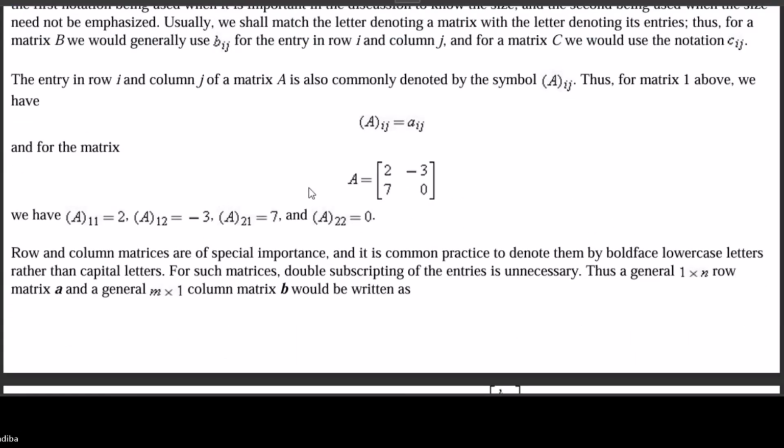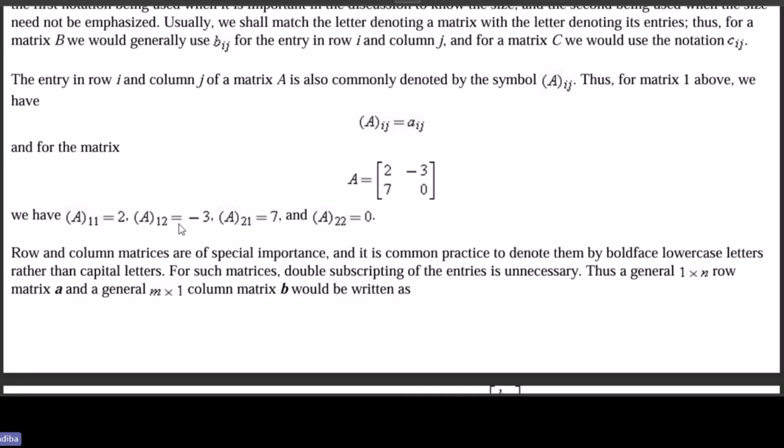Okay, let me just say it. In this matrix A, this A sub 1,1 is just referring to the entry in row 1 and column 1, that entry is this 2.